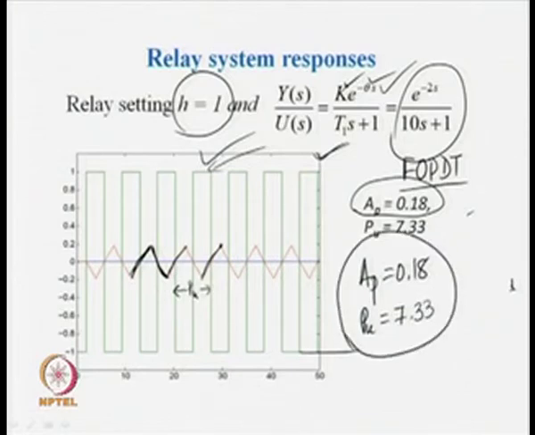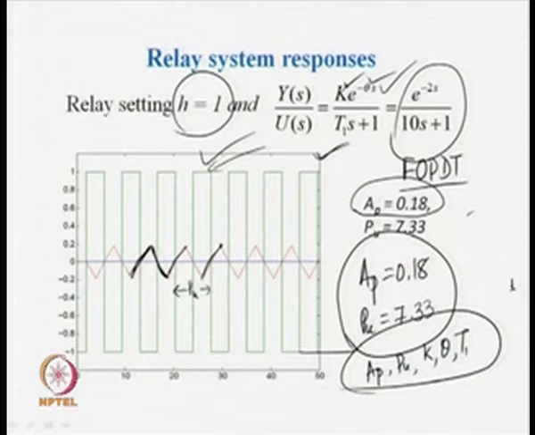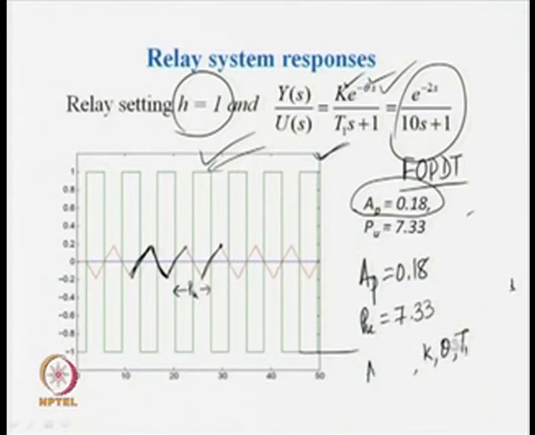So, now if it is possible to establish a relationship among Ap, Pu, K, theta and T1, then K, theta and T1, the unknowns in the transfer function model, can be estimated accurately. That will be the objective of our time domain based identification of the system.